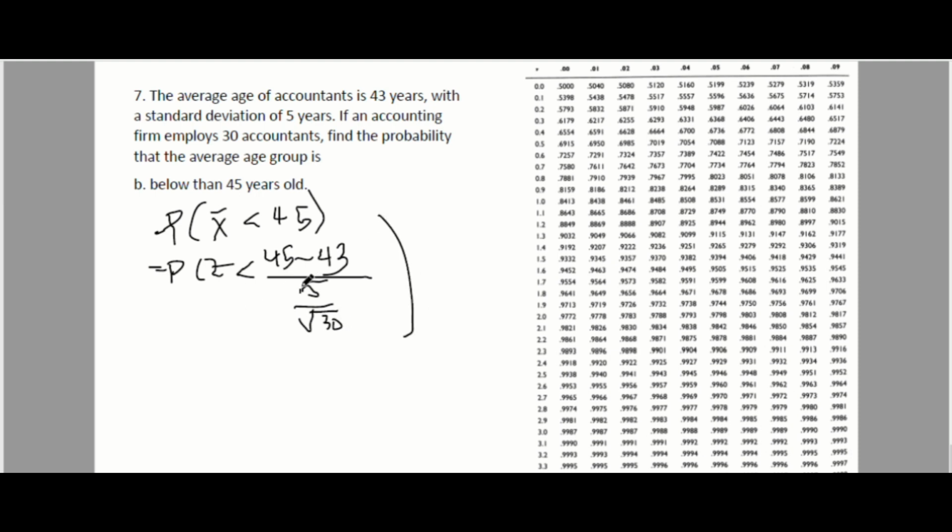So this is now P, Z less than 2.19. This is already less than, so we'll go directly to our table. 2.1, it's towards the end, 0.9857. So the probability that the average age of these 30 accountants is below 45 years old is 0.9857 or 98.57%.